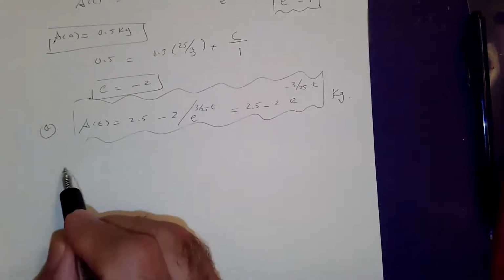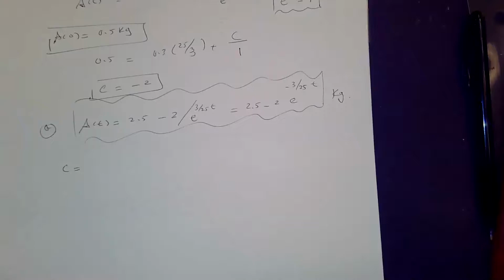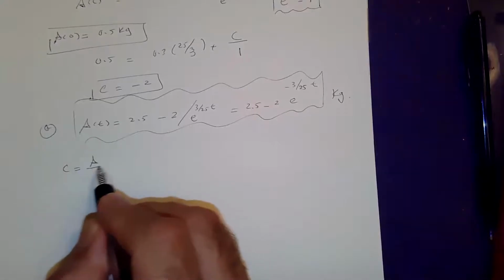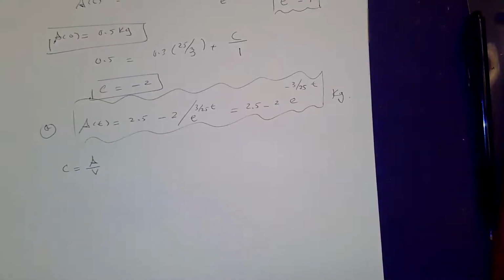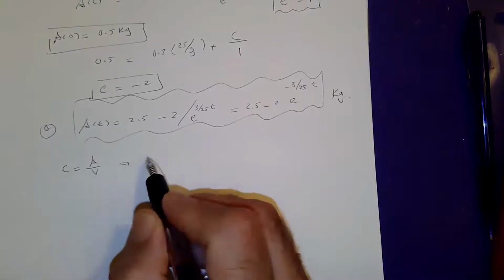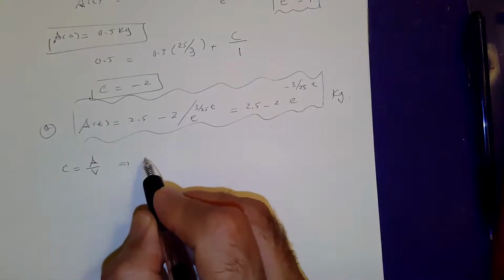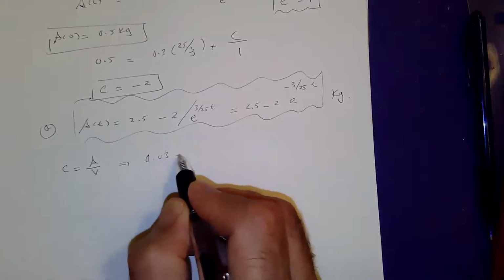So what should I do? Yes. You set the amount divided by the constant volume. So you get the concentration, correct. Concentration is A over V, correct? You know the concentration, okay, what was it? 0.03.